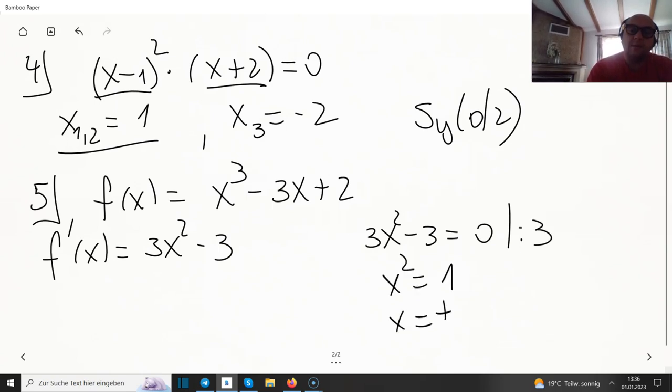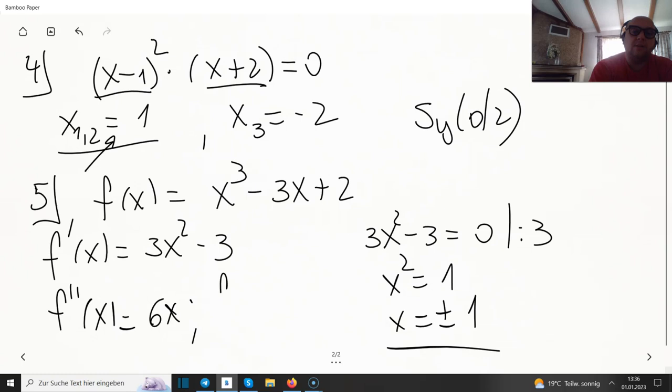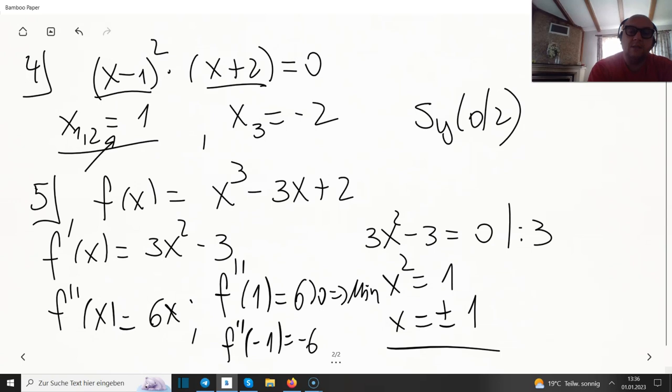So x is plus or minus 1. So we need the second derivative, f second prime of x, which is just 6x. f second prime at 1 is 6, positive, which means minimum. f second prime at minus 1 is minus 6, negative, which means maximum.